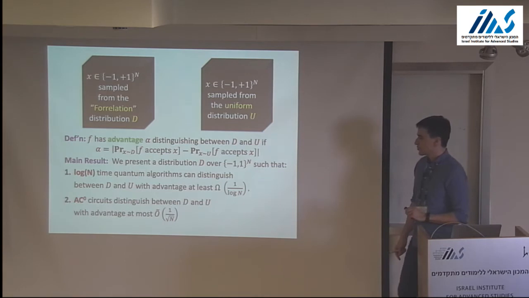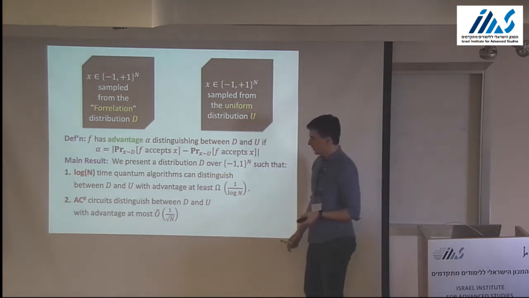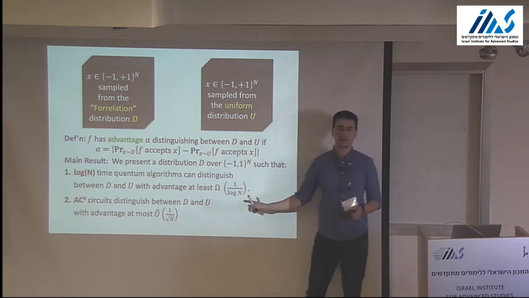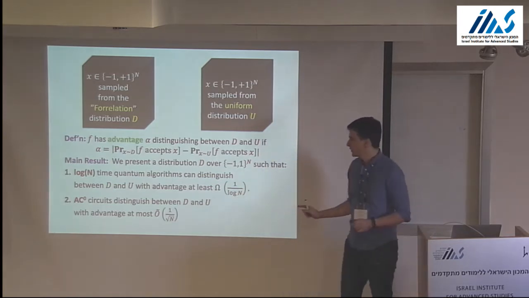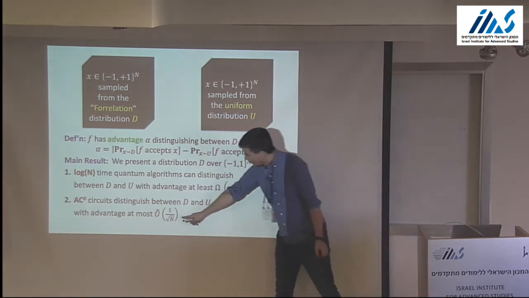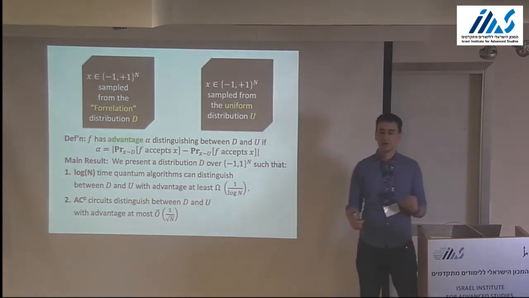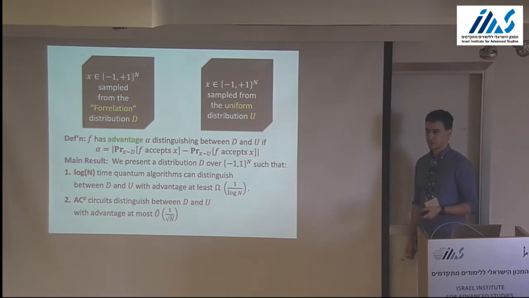On the other hand, we will show that any AC0 circuit can distinguish between these two distributions with advantage at most 1 over square root n. So the advantage of an AC0 circuit is a lot smaller than the advantage that the quantum log time algorithm is able to achieve.